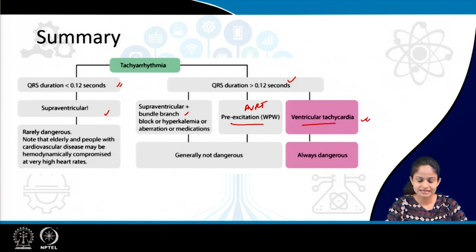Ventricular tachycardia is always concerning because it can progress to ventricular fibrillation and cardiac arrest if not treated well. Lastly, but not the least, the management of tachyarrhythmias not only depends on the ECG findings, it also depends on the symptoms of the patients as well as the hemodynamic status of the individual.